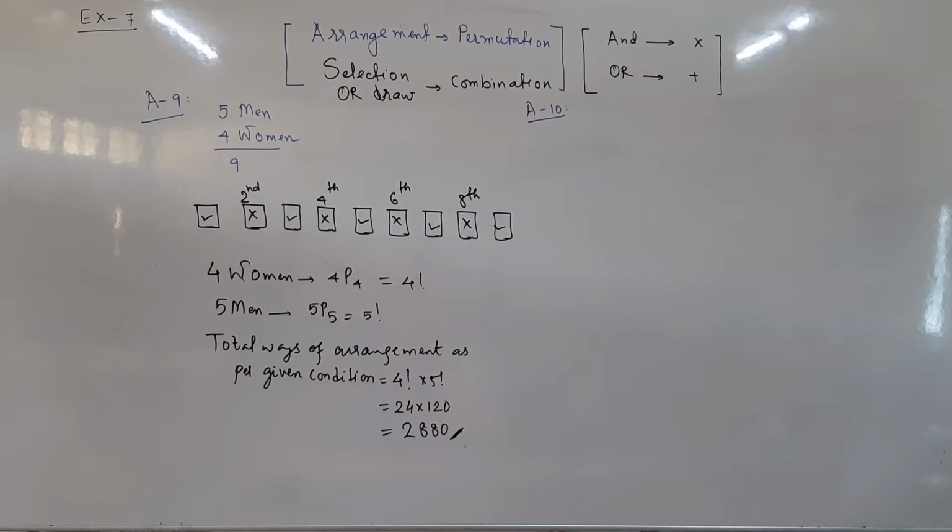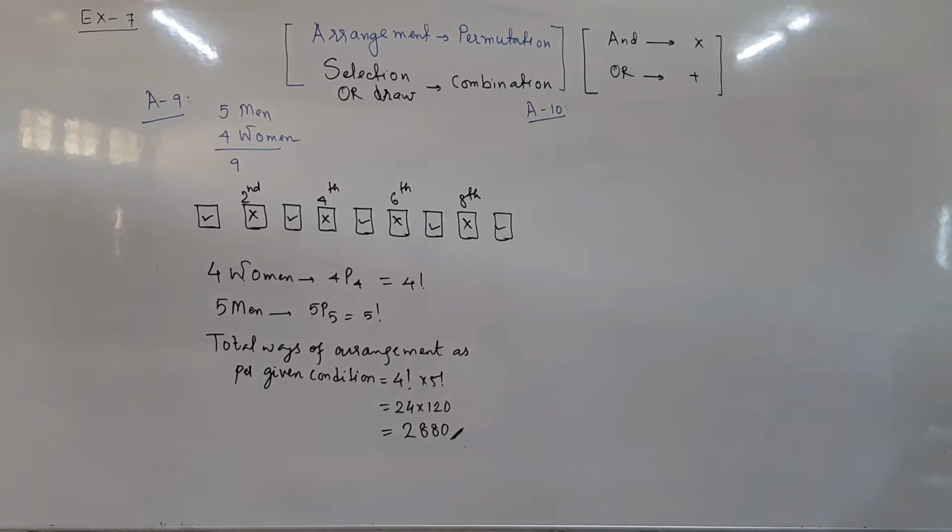In how many ways can the excursion party be chosen? Chosen means selection. Selection means combination. These students we have to perfectly understand.